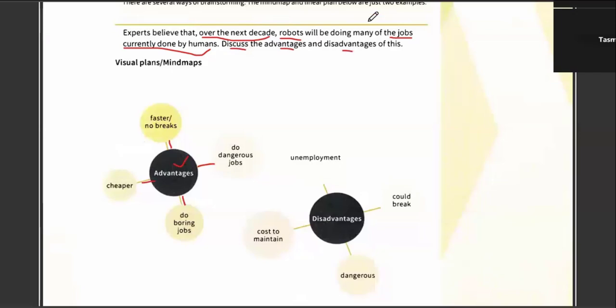That's great. Now let's look at how they are brainstorming and how they're showing us how to mind map them. So the advantages that are given here. There are four advantages that they mentioned. One is faster or no breaks. So the work will be done faster, and there will be no break in the middle of the process of work. Then the robots will be able to do the dangerous jobs, and the boring jobs that people feel very bored to do.